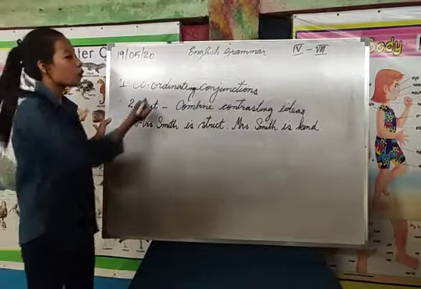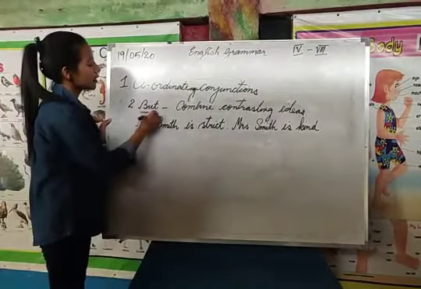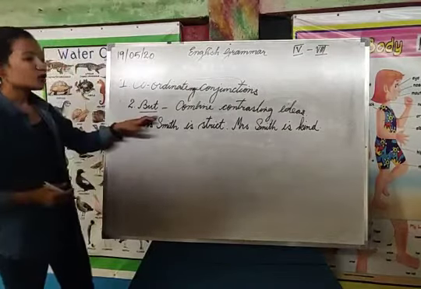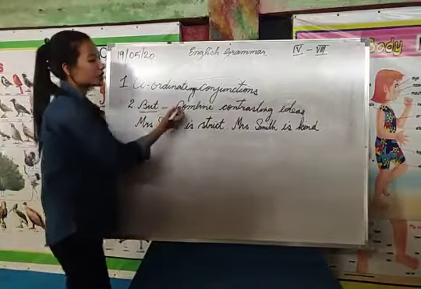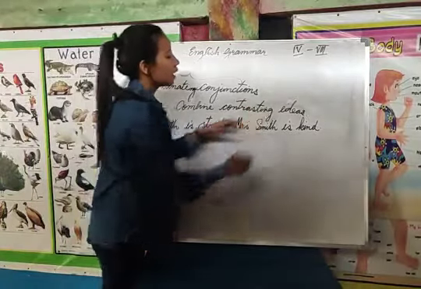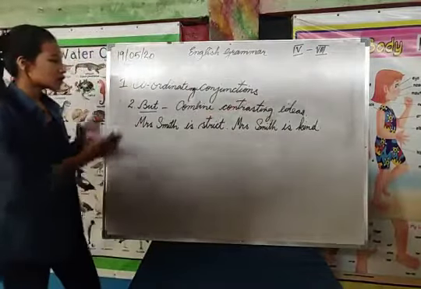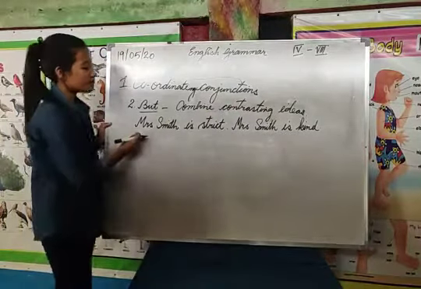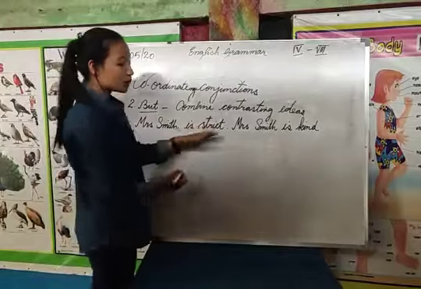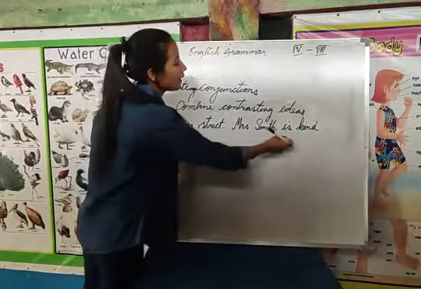The second type of coordinating conjunction is known as but. When do we use the conjunction but? We use it to combine contrasting ideas. Contrasting ideas means different or opposite ideas. So just have a look at this example. Mrs. Smith is strict, full stop, Mrs. Smith is kind.